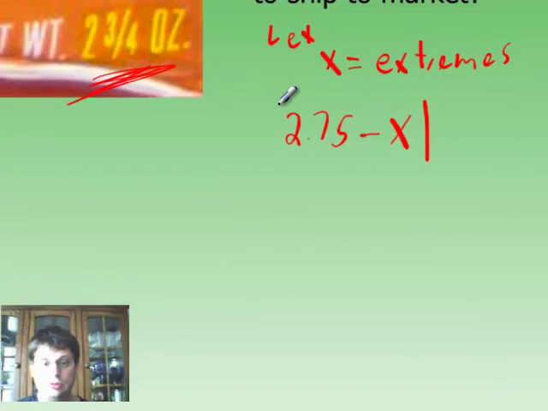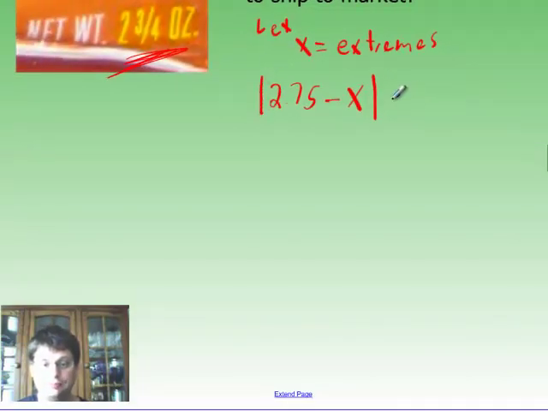If we were to subtract out the extreme, that difference should be within 0.3 ounces. Okay? And it can't be any more than that. So the difference between your ideal weight and what it actually weighs. And I can probably clarify that by saying this is the actual weight.